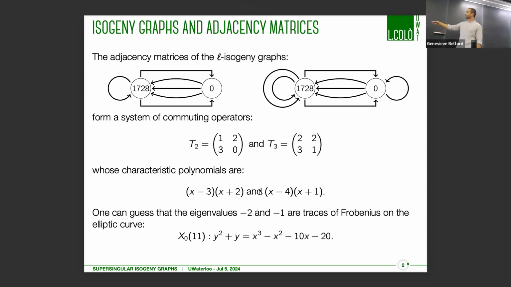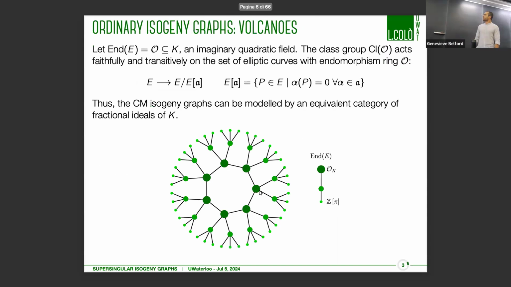So here you have 3-regular and here 4-regular. And again, I'm talking about this later, but the second eigenvalue actually gives information about the traces of Frobenius on this elliptic curve, which turns out to be the modular curve associated to the congruence subgroup Gamma 0(11).